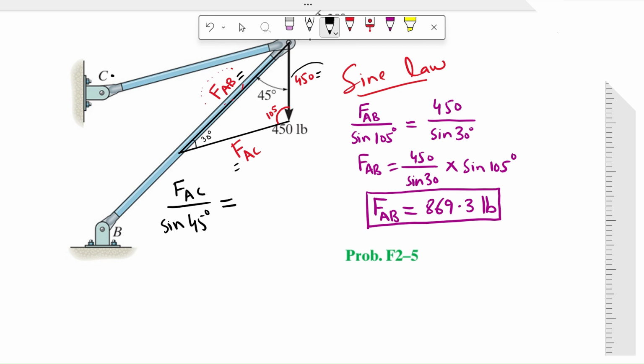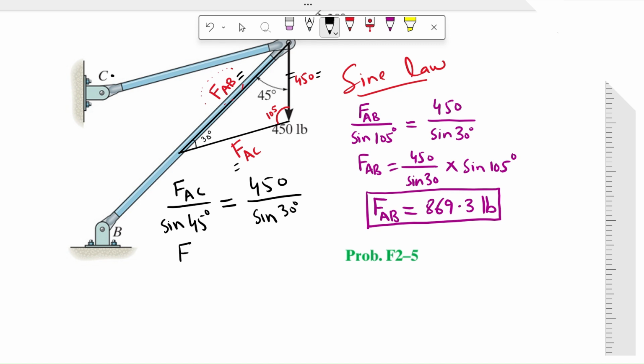I am using the same given force as I already used here, so it will be easier. So the given force divided by the sine of its opposite angle. We have this force, so the opposite angle will be 30 degrees.